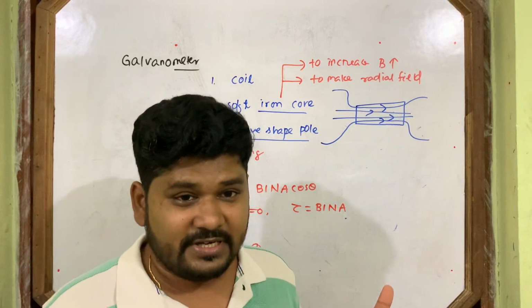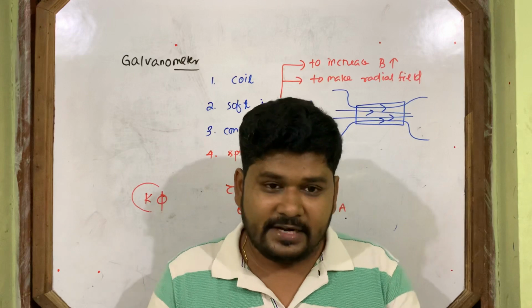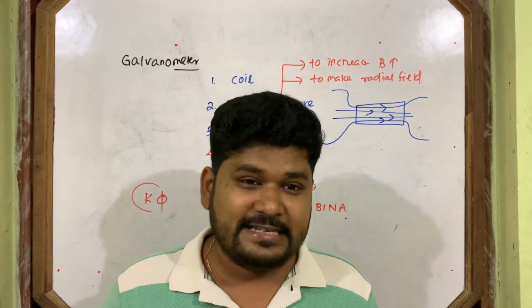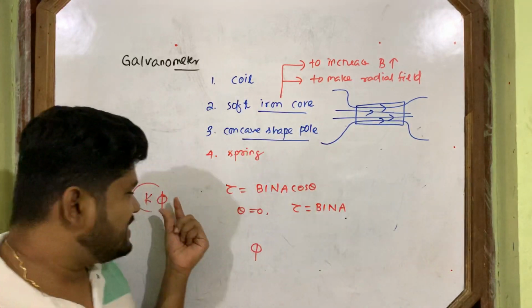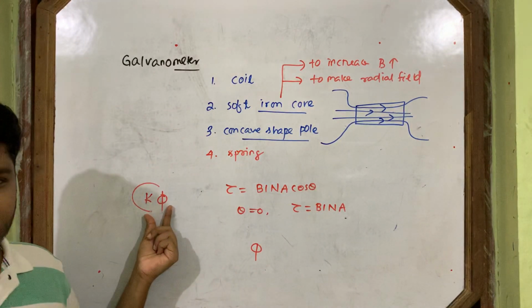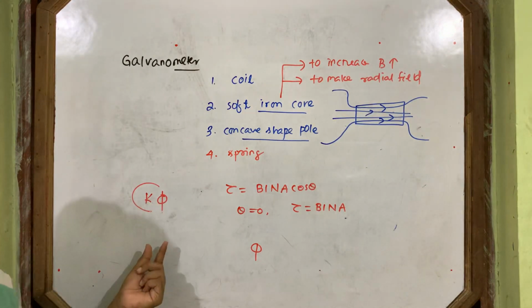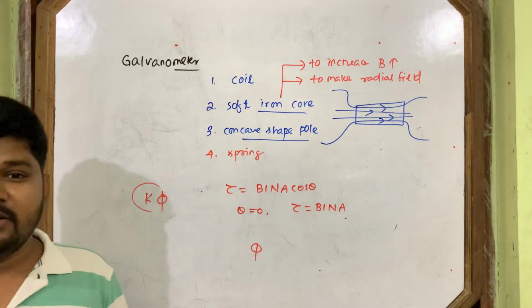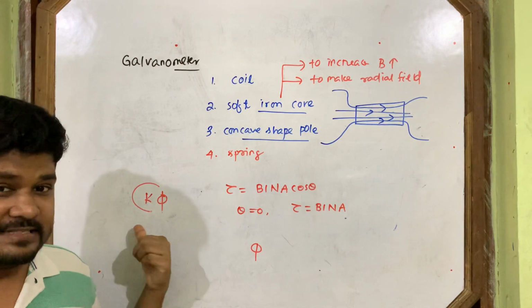Recall, when you rotate the spring, you apply a deflecting torque and the spring applies a restoring torque. Initially you can rotate easily because phi is small, so the restoring torque is small. But as you rotate more and more, phi increases and the restoring torque increases.